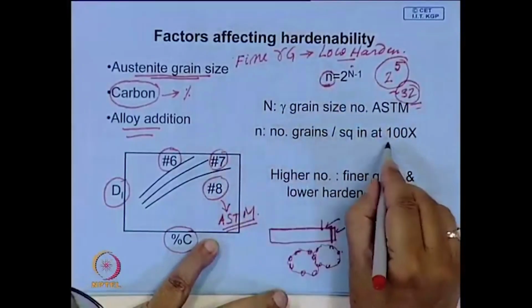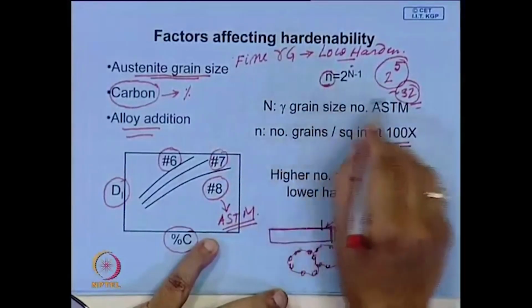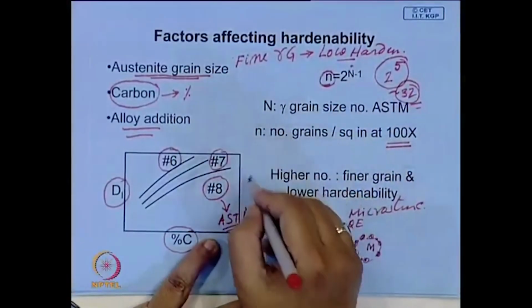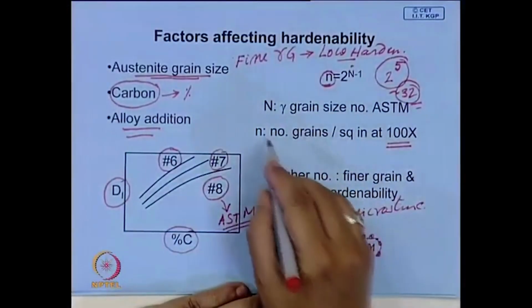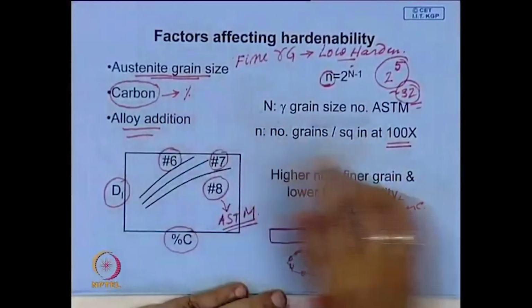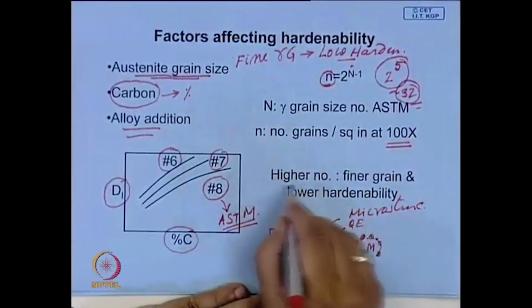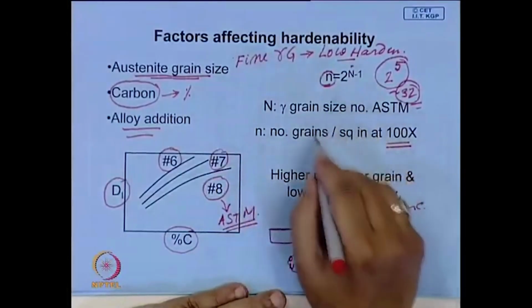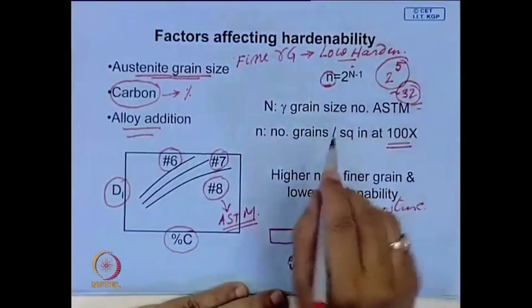If you look at the microstructure at 100 magnification, in that field you will see 32 grains of austenite per square inch. All these procedures were devised at a time when many of these dimensions were defined in inches. It is possible to convert them to SI units, but the point is that this index represents the number of grains per unit area.